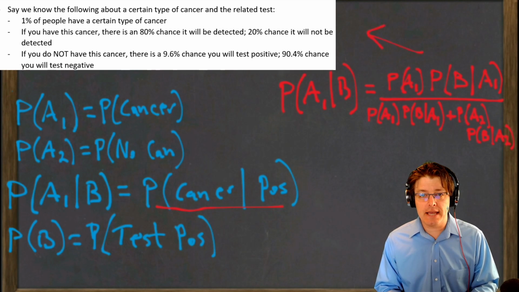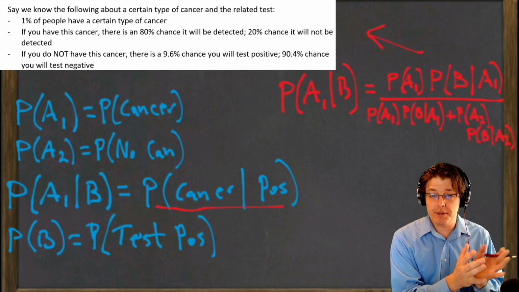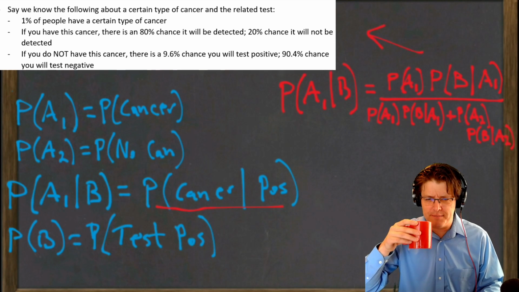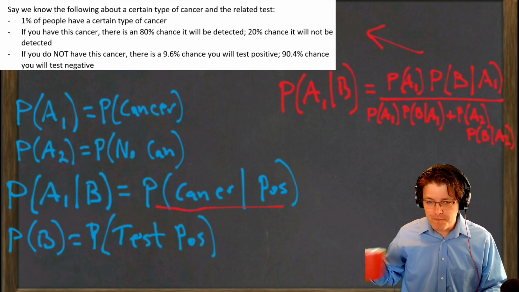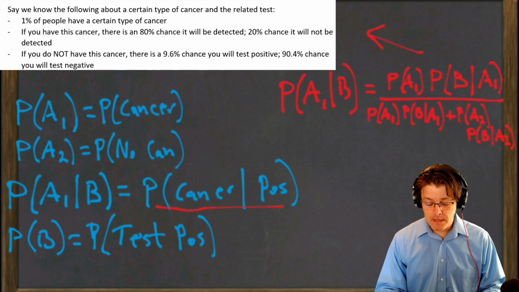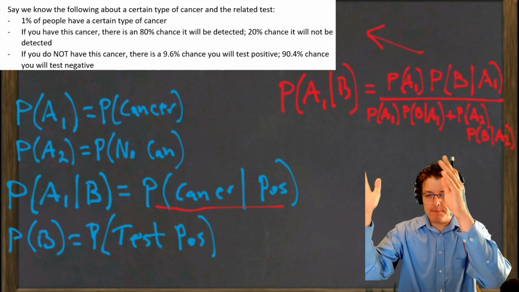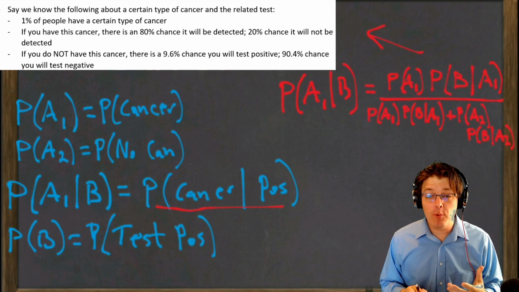All of that is contained in this little blurb here. If I've done this right, there's a chance I messed up the question. Always a chance. Okay, so all of this up above, we know the information too.